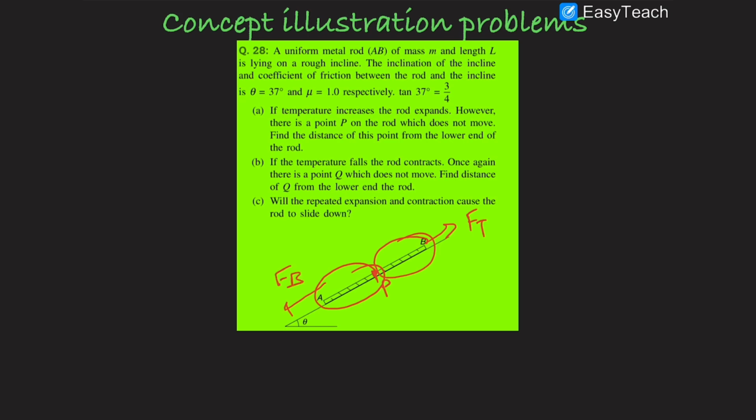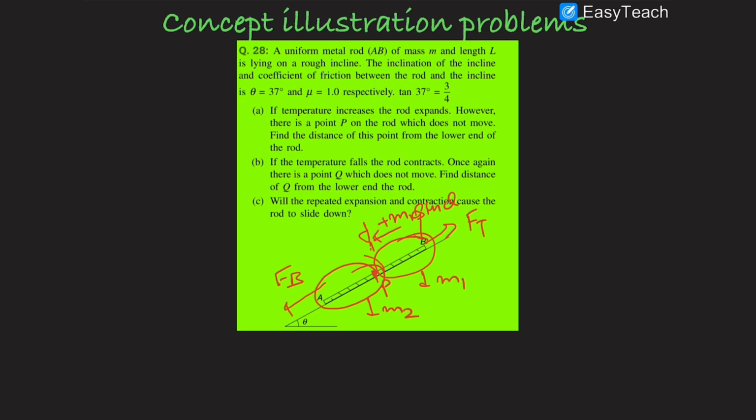F bottom. So we can say that if the mass of this part is m1 and the mass of this part is m2, when the rod expands, this part will move in the upward direction, so the friction will be acting on this part in the downward direction, and this is F1, and m1g sin theta will be acting in the downward direction on this part.